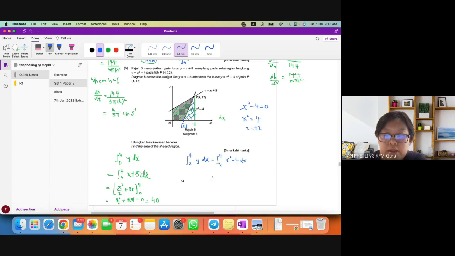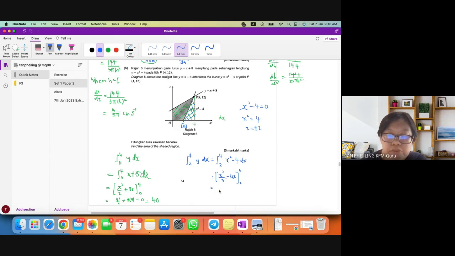This is a 2. All right, so now just integrate power plus 1 over power minus 4x, from 2 to 4.